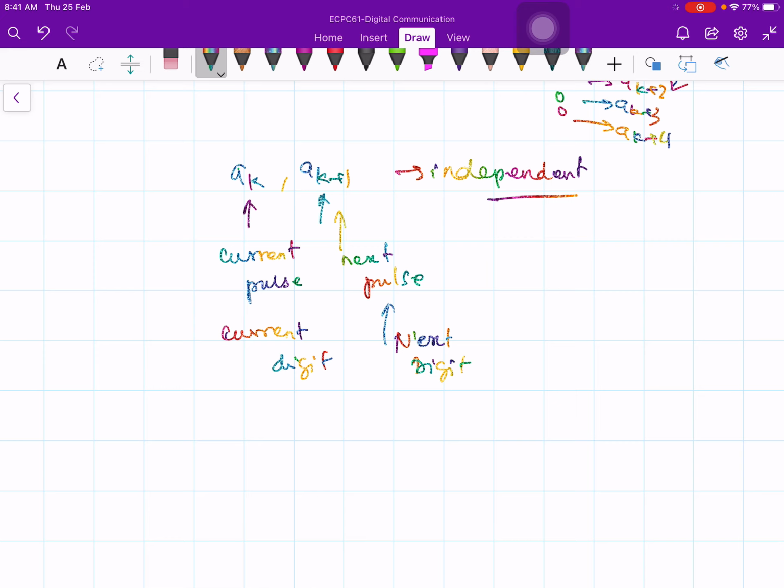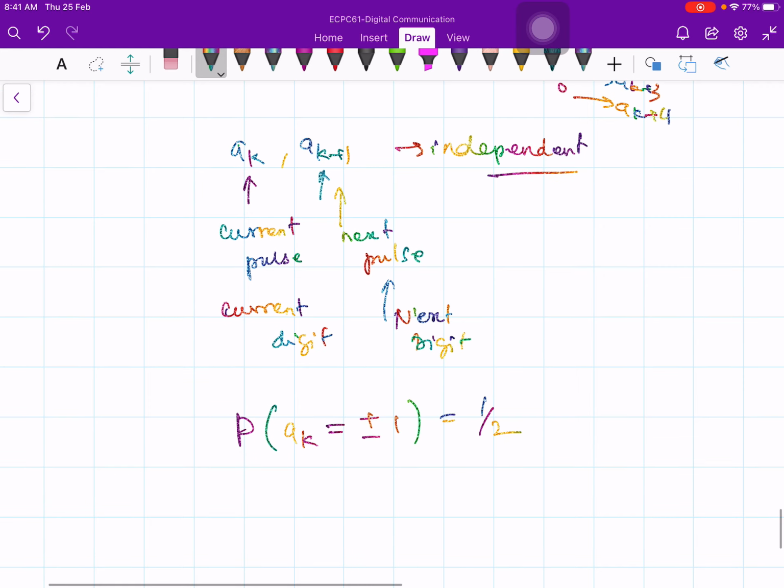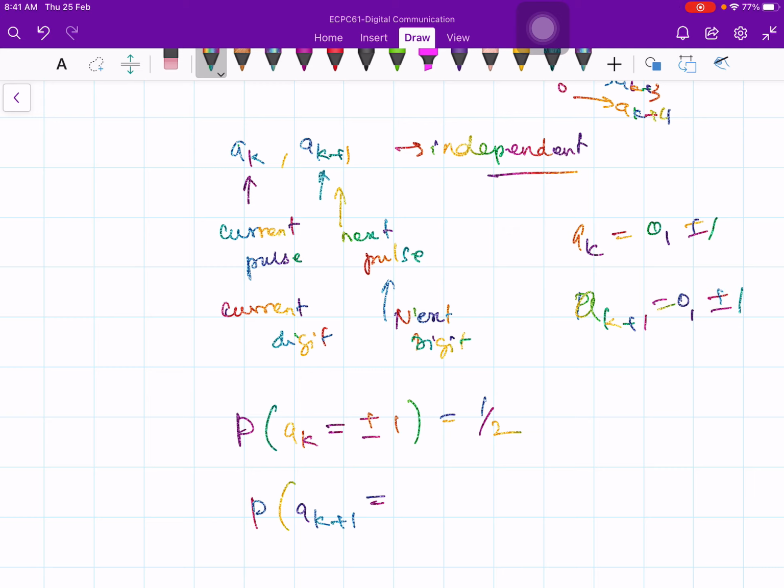As I said, the probability of AK equal to plus or minus 1 is half. Similarly, AK plus 1 also can take 3 values, 0 or plus or minus 1, so plus or minus 1 is again 1 by 2.